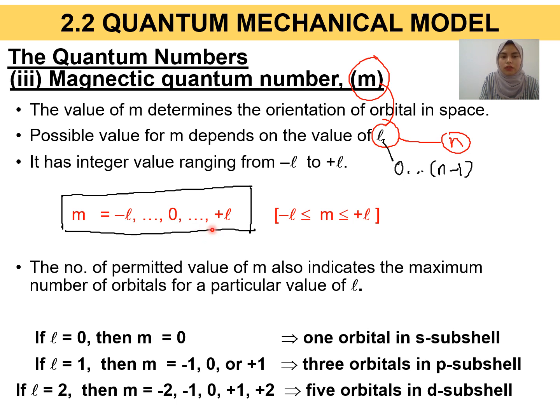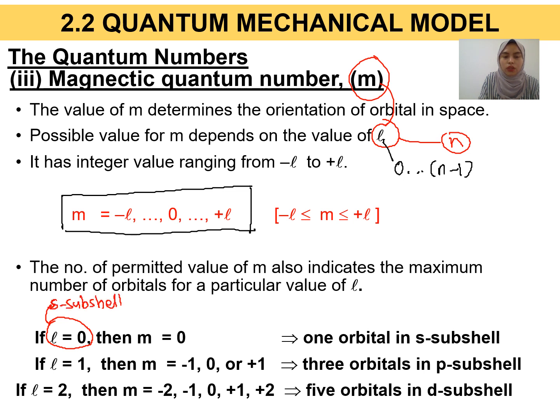Okay, so the number of permitted values of M indicates the maximum number of orbitals for a particular value of L. For example, let's say you have L equals to 0. For L equals to 0, the subshell will be S, right? S subshell.